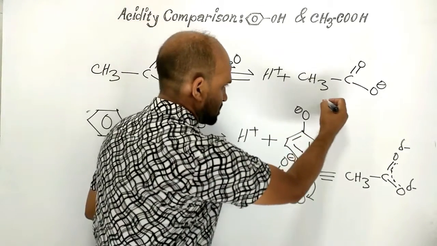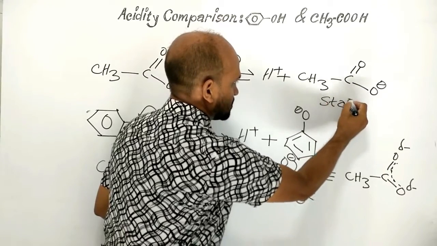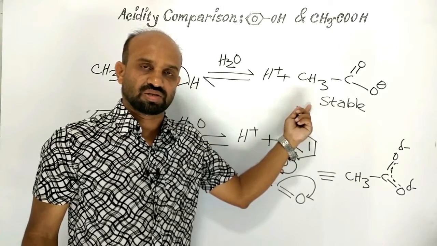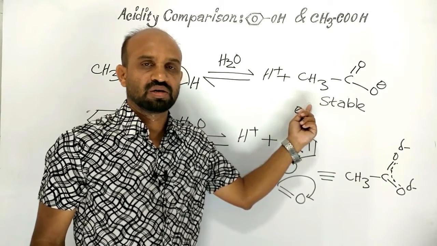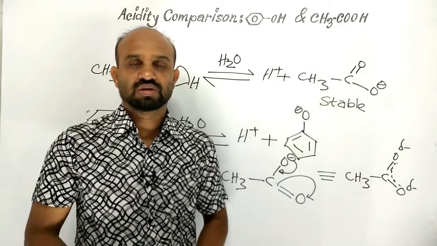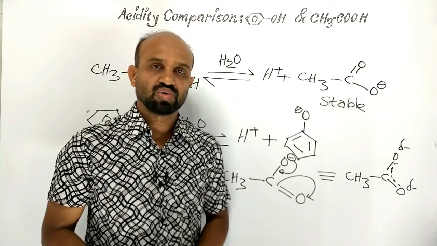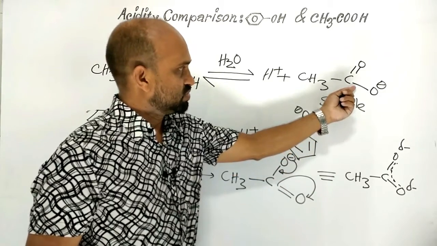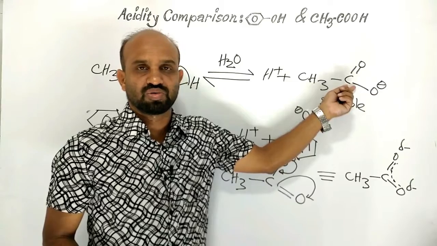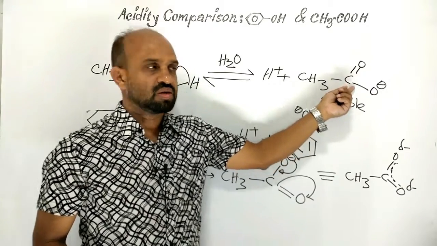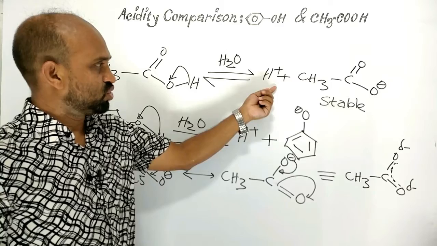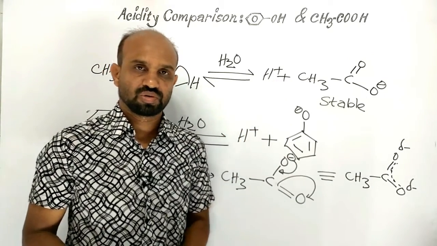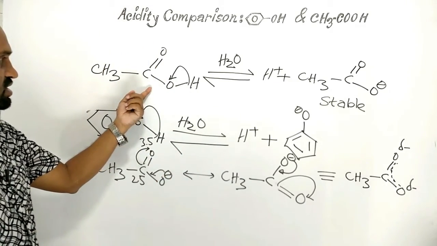That is, we can say that it is a stable ion because of the resonance structures. And here the negative charge disperses between two electronegative oxygen atoms. That is why this negative charge is firmly bonded to the oxygen atoms, and the acetate ion shows less tendency to combine with a proton to form acetic acid again.